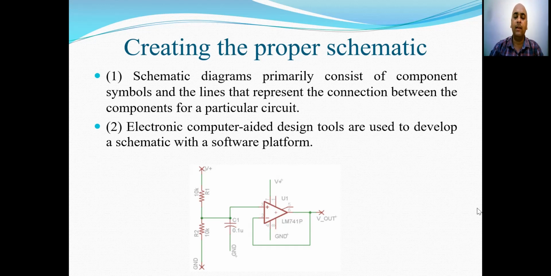Electronic computer aided design tools are used to develop a schematic with a software platform. The schematic diagram of a circuit using a computer aided design tool is as shown in the slide.